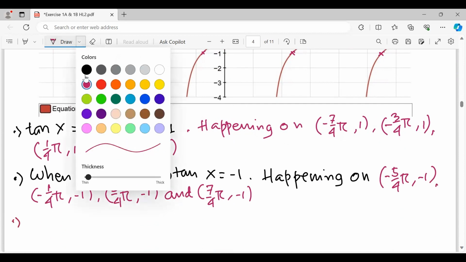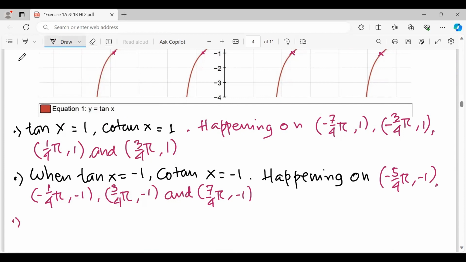I have calculated through calculator the intercept point, tangent x equals 0.